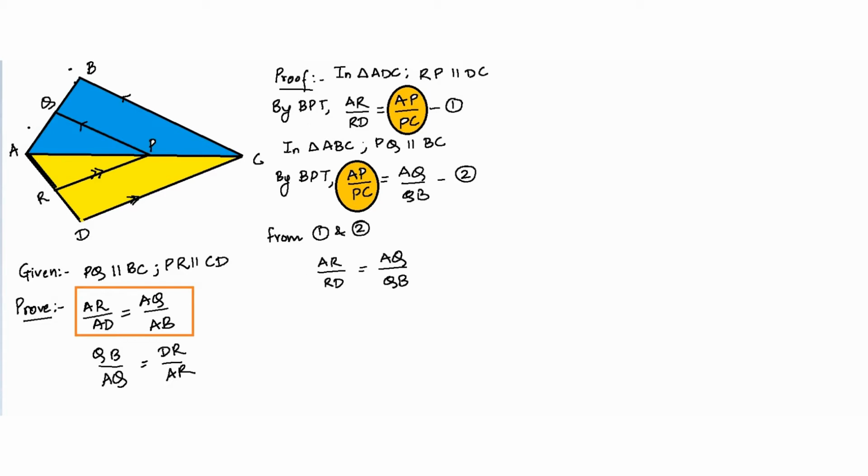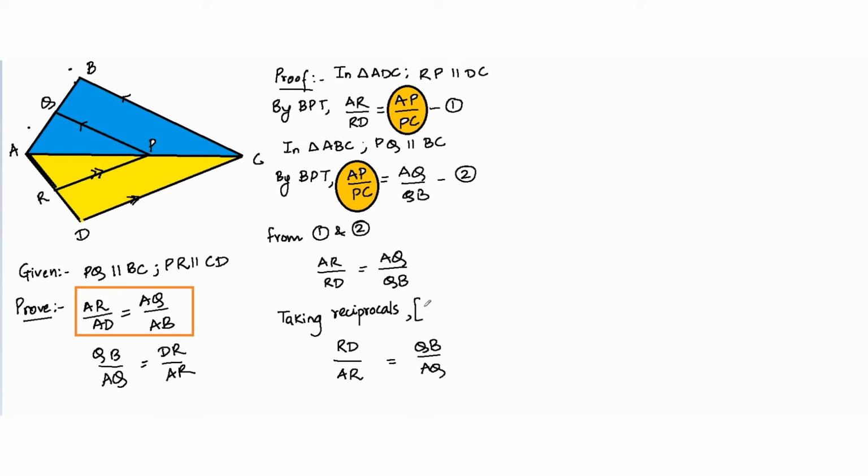So I will first take reciprocals on both sides. By the way, the idea of taking reciprocals is going to eliminate RD. So I get RD upon AR is equal to QB upon AQ.